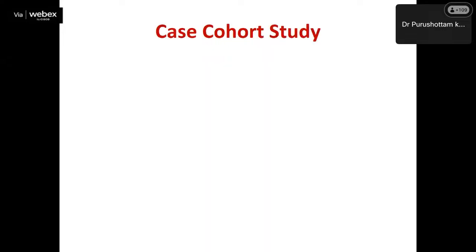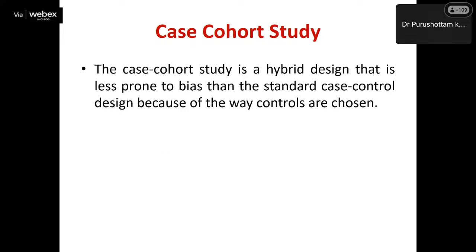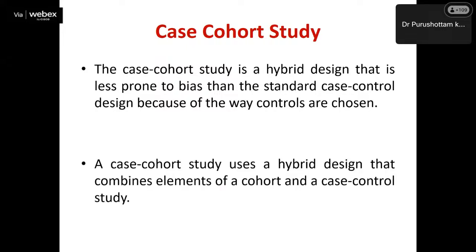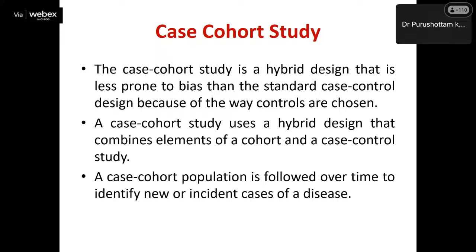Now coming to the case cohort study. What is that? In cohort study, it is a hybrid design that is less prone to bias than the standard case control design because of the way controls are chosen. So it is better than case control study. A case cohort study uses a hybrid design that combines elements of cohort and case control study.